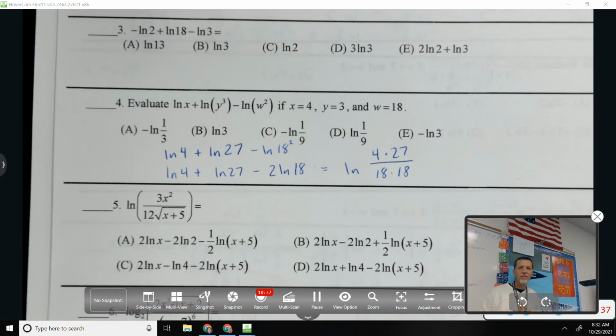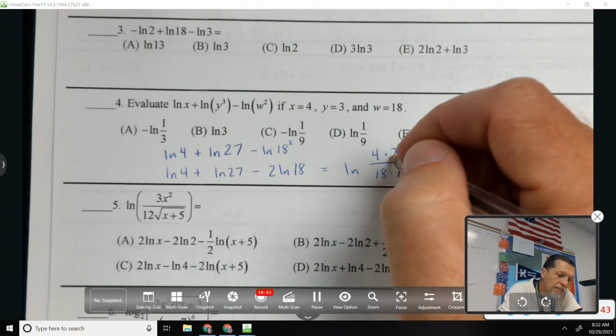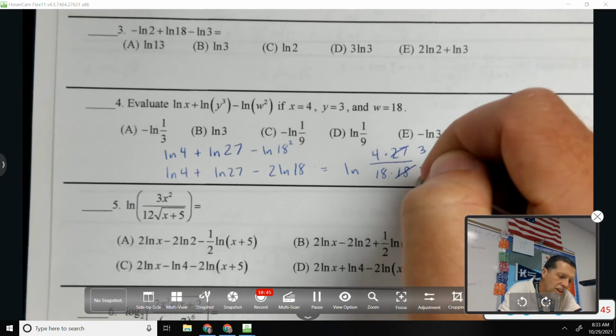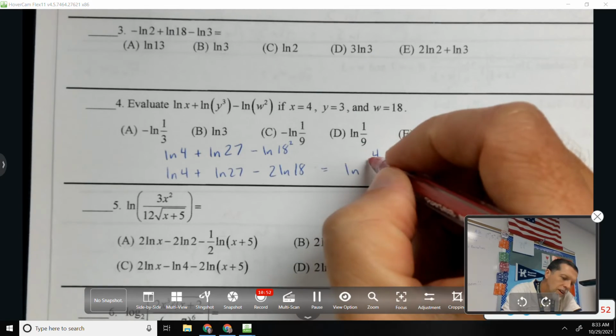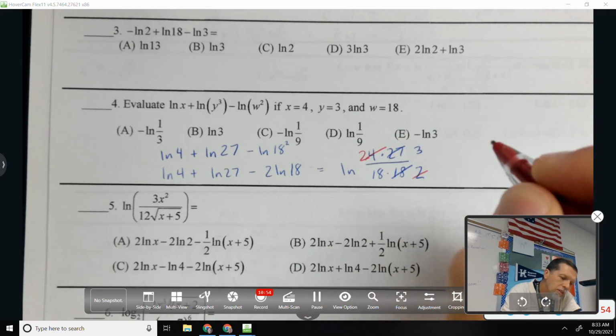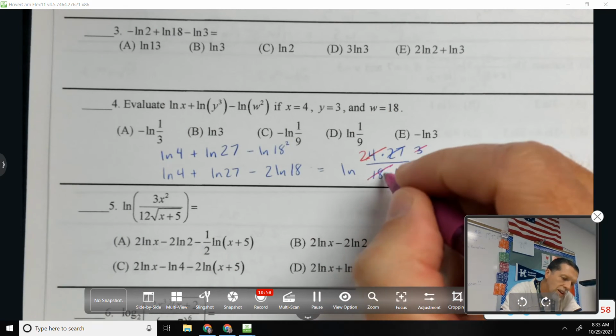So now this is a big simplification problem. Just divide the 27 and 18 by 9, so that's a big chunk of it right there. And then the 4 and the 2 can be 2. And the 3 and 18 can be 6.